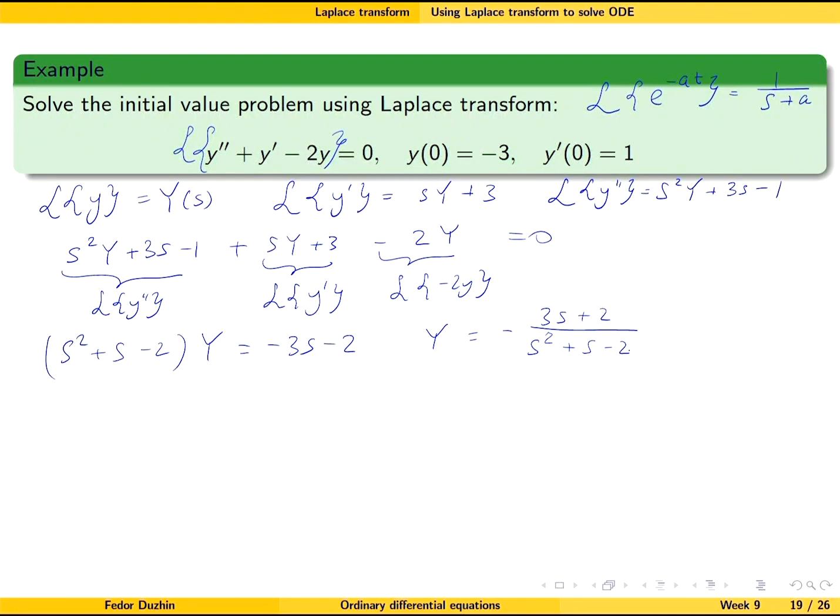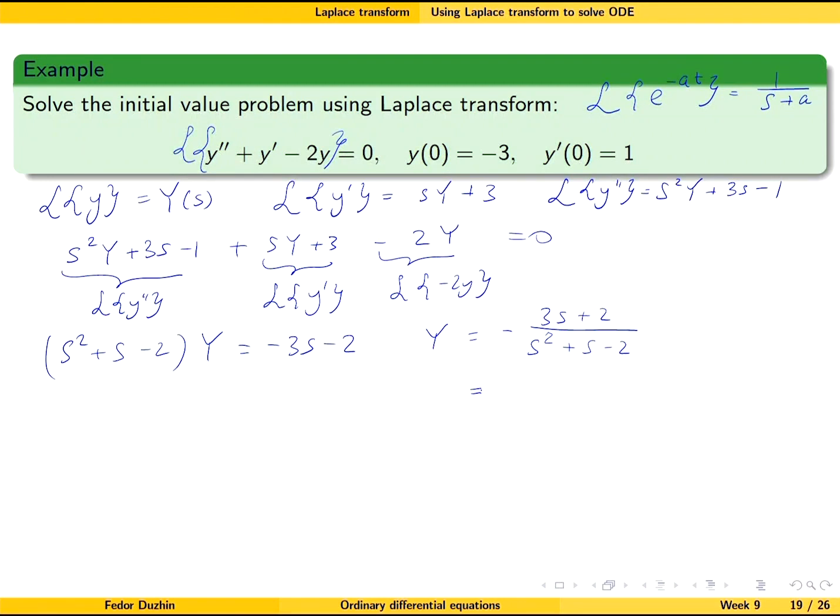So in other words, what I have found is the Laplace transform of the solution of this initial value problem. Now, how do I find the solution of the initial value problem itself? In order to do this, I need to express this as a sum of partial fractions.